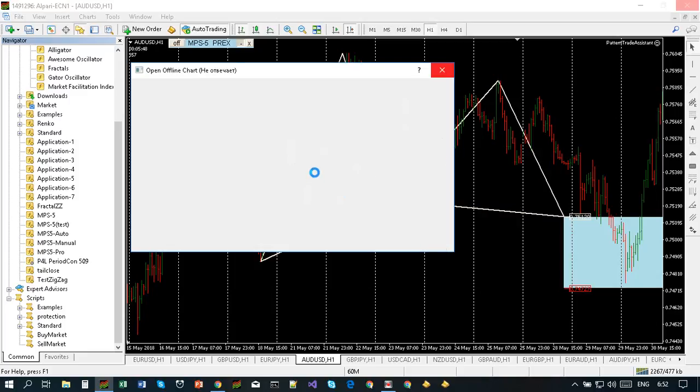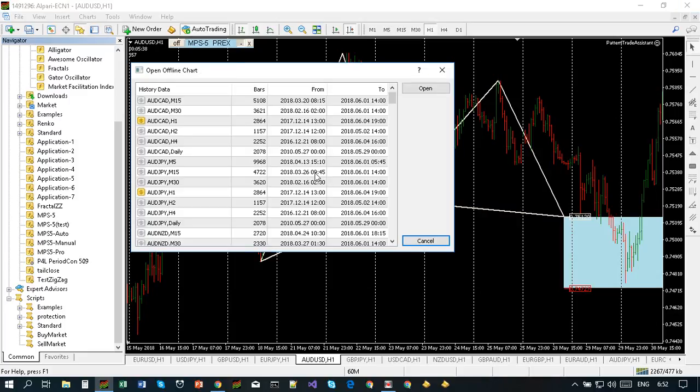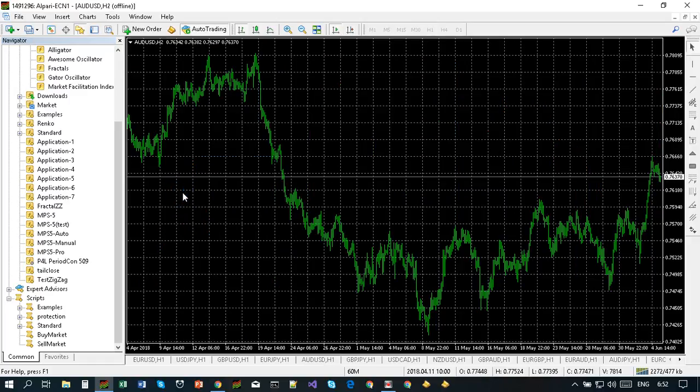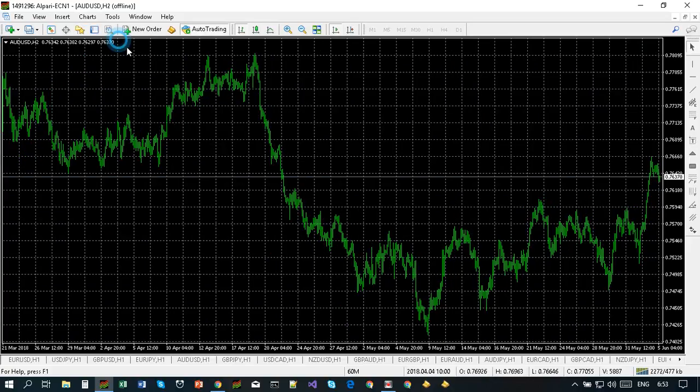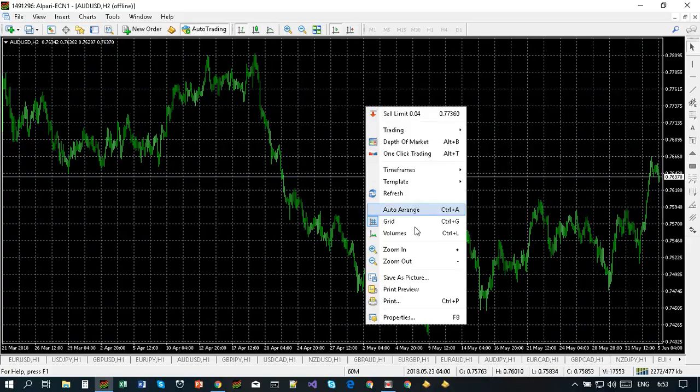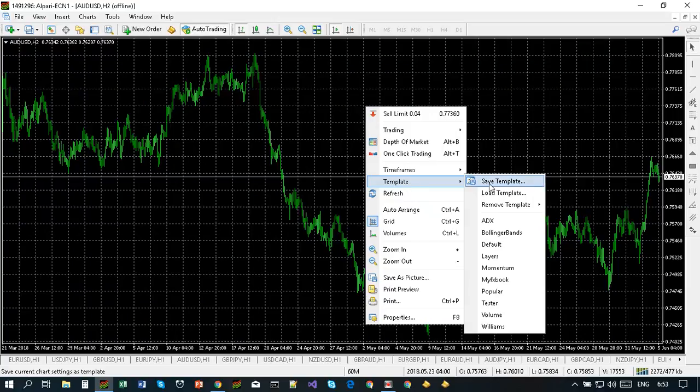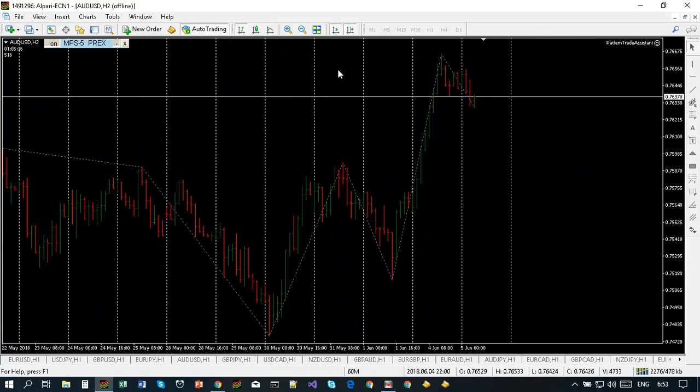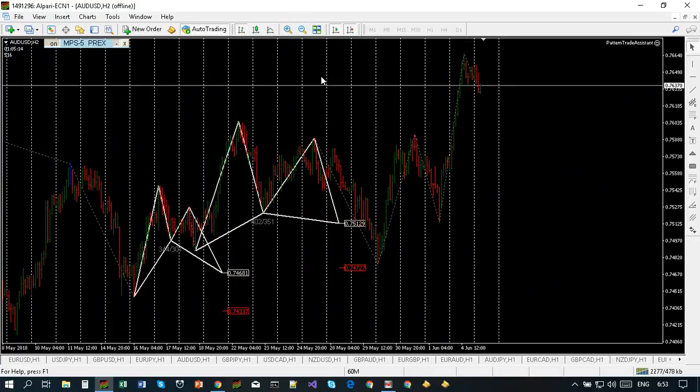Aussie dollar 2-hour, AUD USD, I think it is here, this one. Okay, and then I need to apply a default template. So we have this pattern.